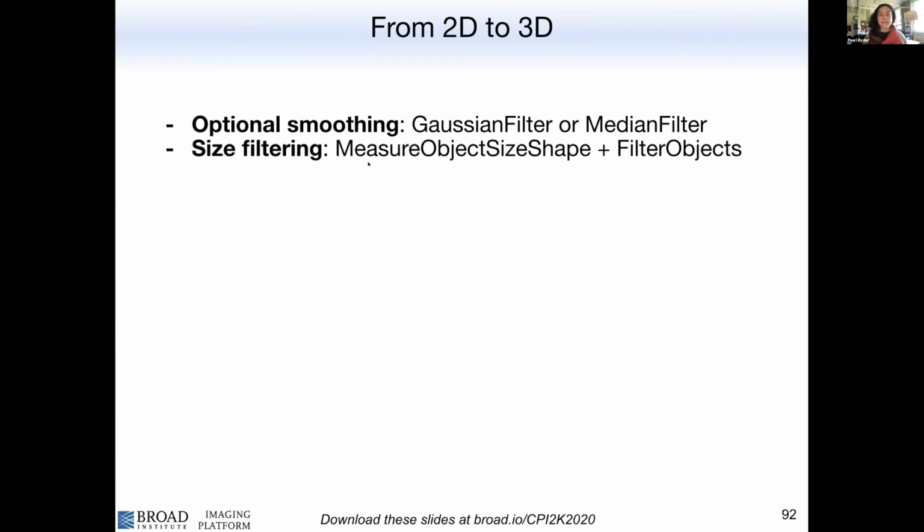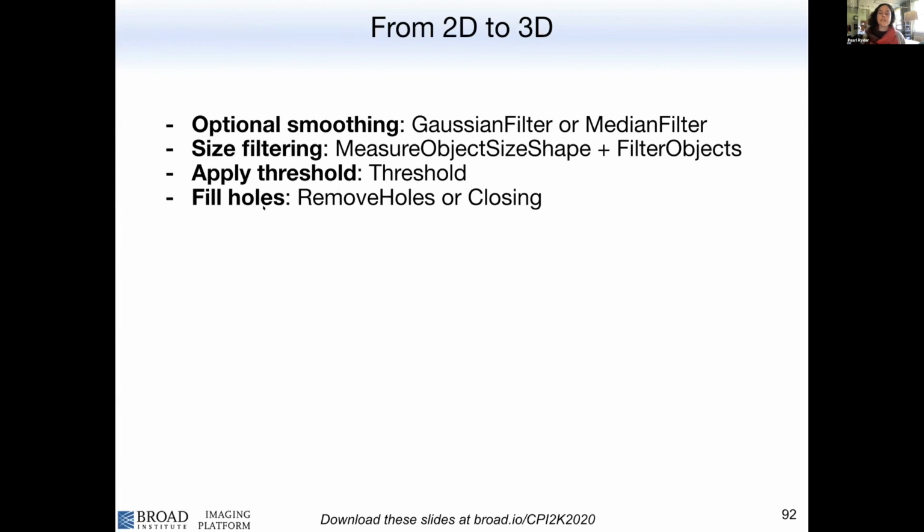Then you would add a separate module if you need to do something like size filtering, where you would measure the object size and shape, and you would filter out the objects afterwards using the Filter Objects module. For thresholding, you can use the Threshold module. For filling holes, we have two different options.